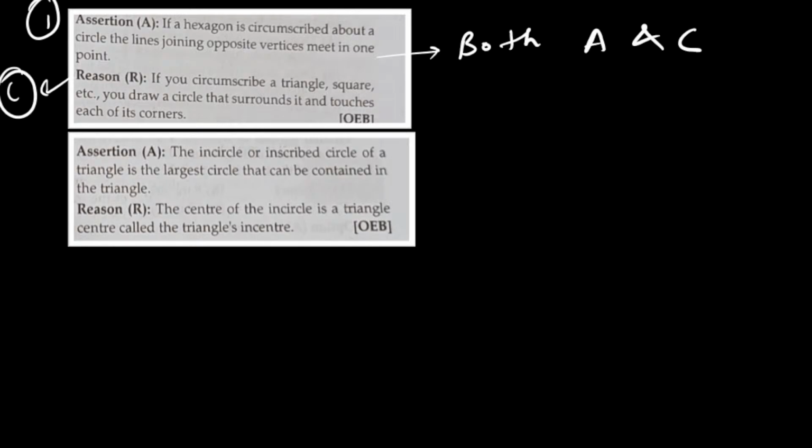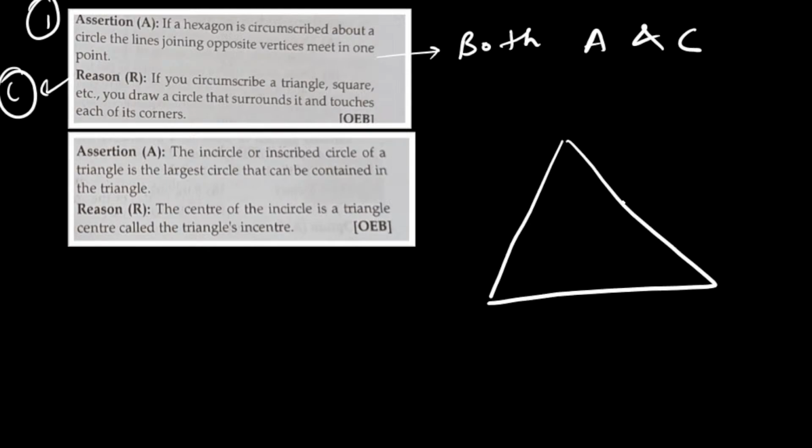And this one now, assertion. The incircle, or the inscribed circle, is the largest circle that can be contained in the triangle. Incircle is like this. If this is a triangle, so this is the incircle. This circle is the largest circle that can be contained.